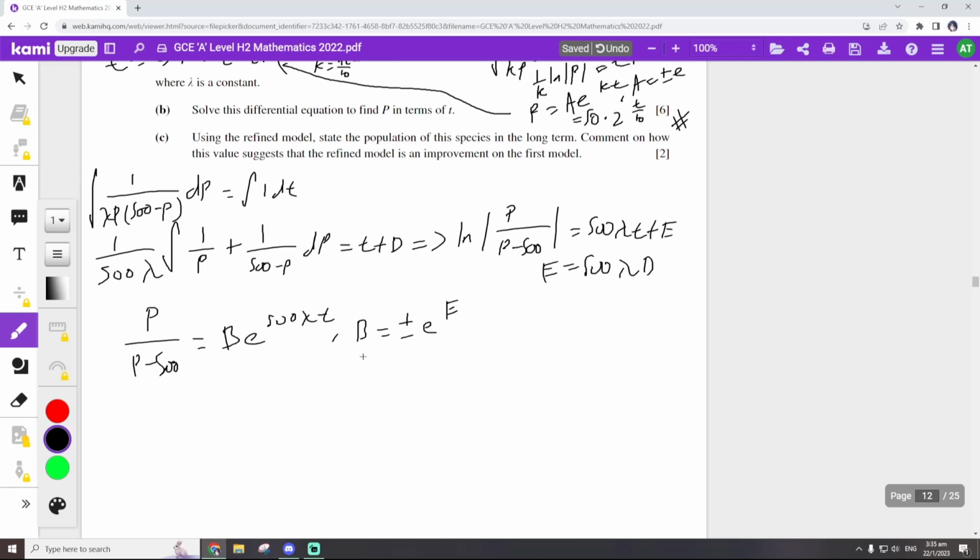Now I sub in some conditions. When t equals 0, we have p equals 50. The original population is 50. Divide by 50 minus 500 equals negative 1 over 9.